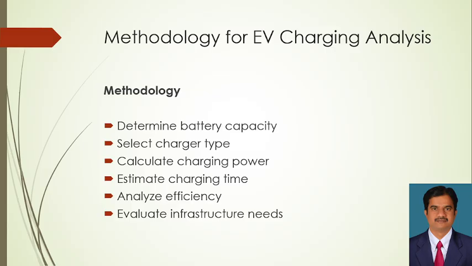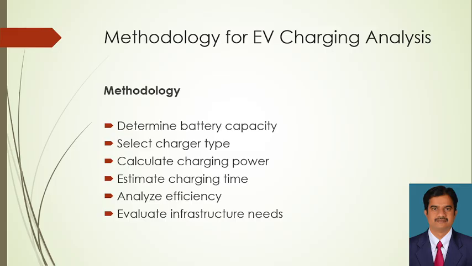The faster the charging time, the more consumers will buy the electric vehicle, because we cannot wait hours together at the charging station. With level 1 and level 2 charging, going to the charging station means waiting for a long period of about 4 to 5 hours, sometimes 6 hours. We cannot spend the whole day charging the electric vehicle.